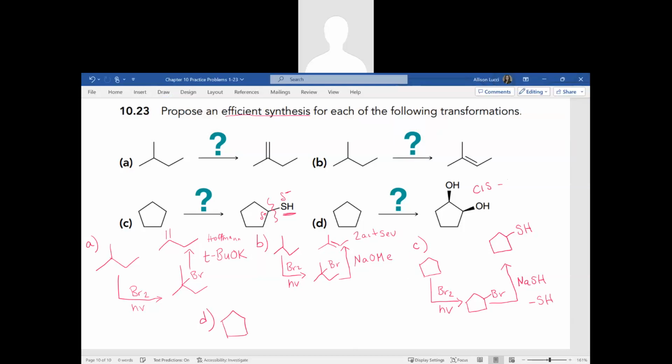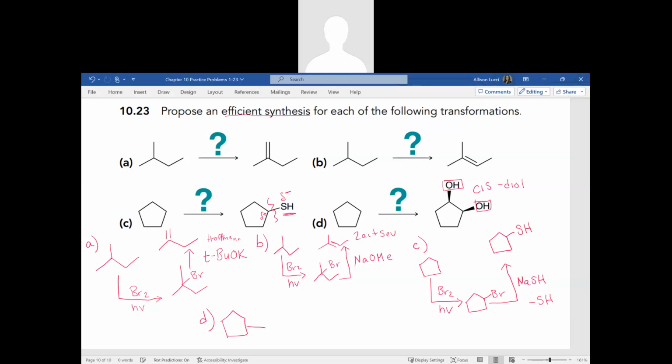It has two alcohol functional groups and they are in cis orientation. If you recall from chapter 9, we could have an alkene and end up with a cis diol using a certain set of reagents. So let's see if we can create an alkene out of this.